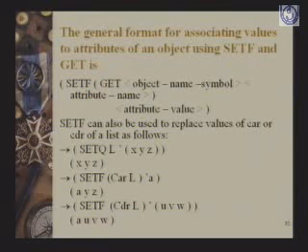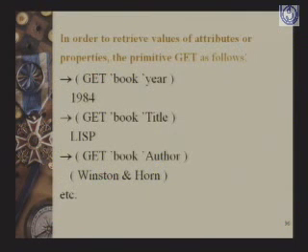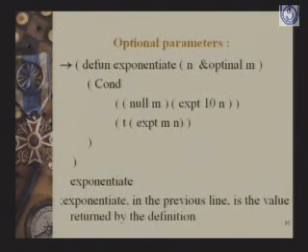However, setf can associate value even to car of this one. That is, car of L, which happens to be X, is associated with value A, and after this statement is executed, even X is replaced by A. So that is a major difference between setq and setf.